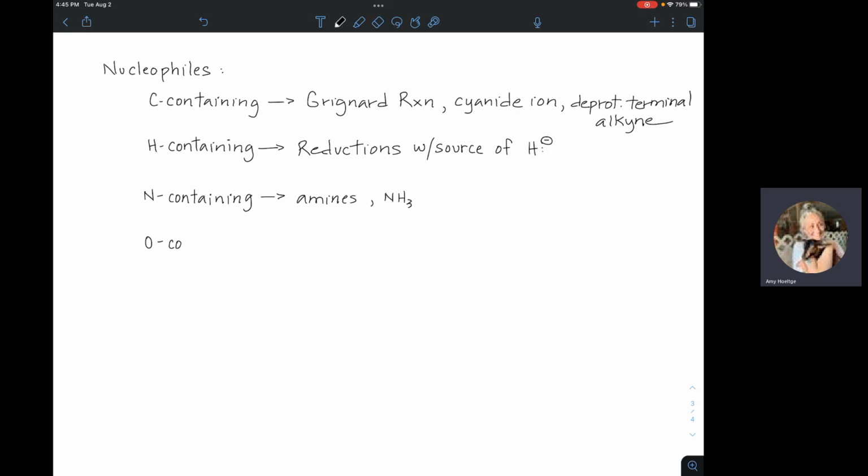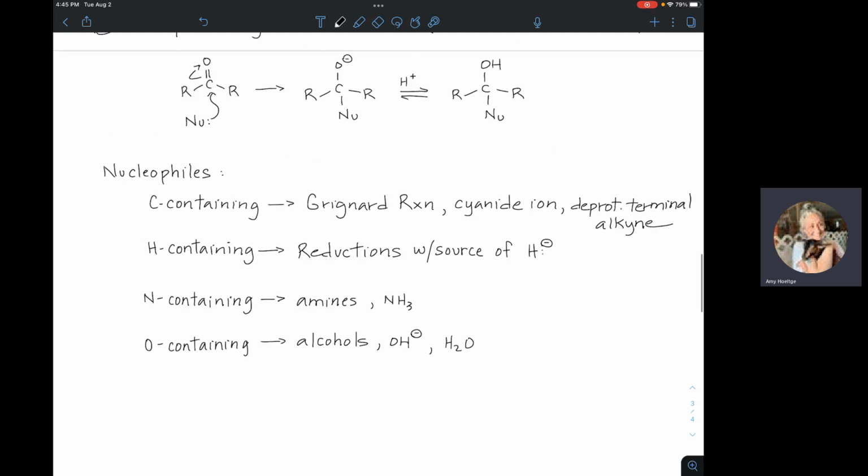Oxygen-containing nucleophiles is where we're going to introduce some new functionality. So alcohols, the hydroxide anion, water, right? So oxygen-containing nucleophiles. We'll do chemistry with all of those.